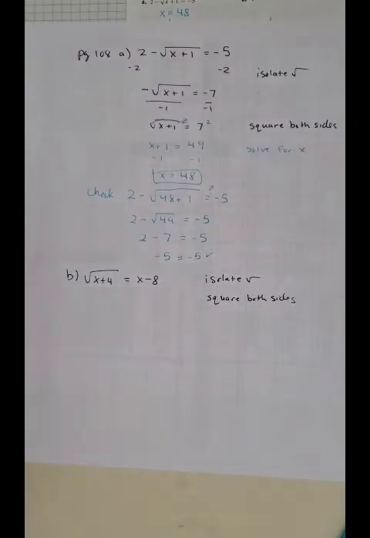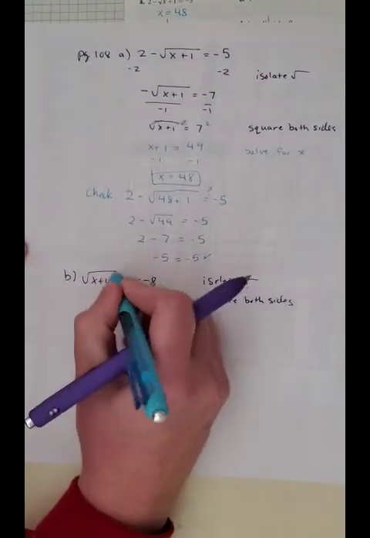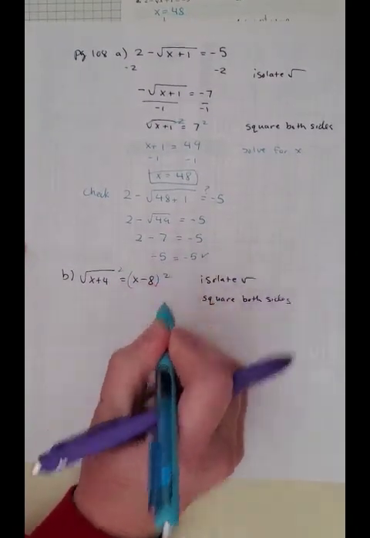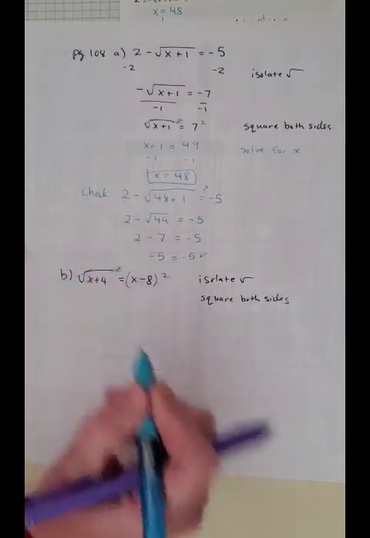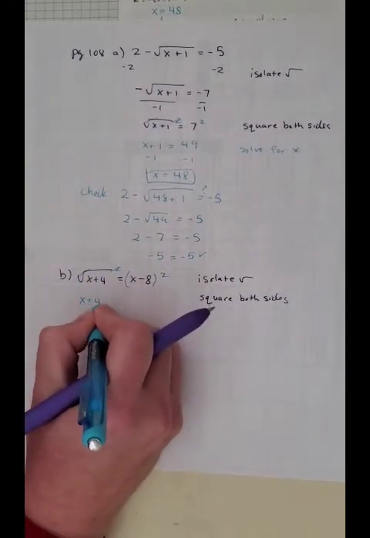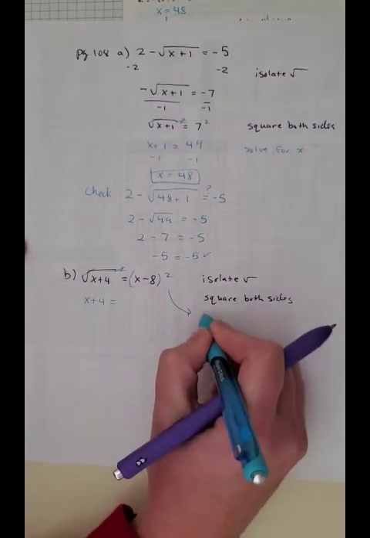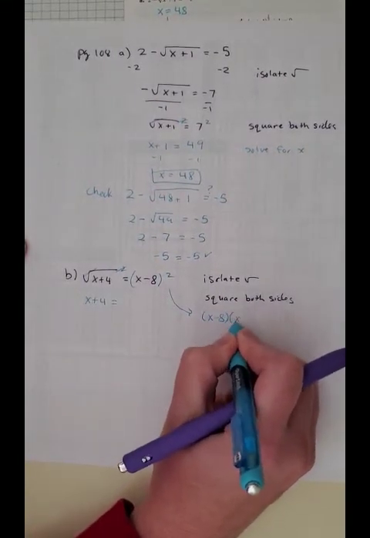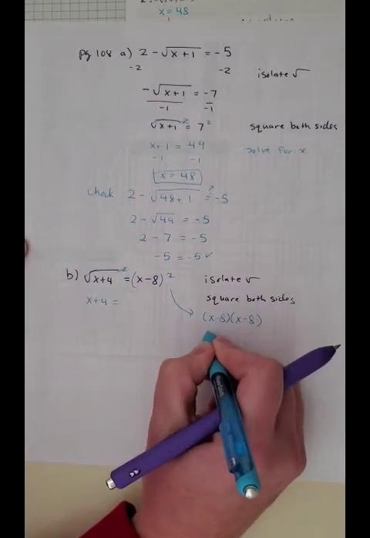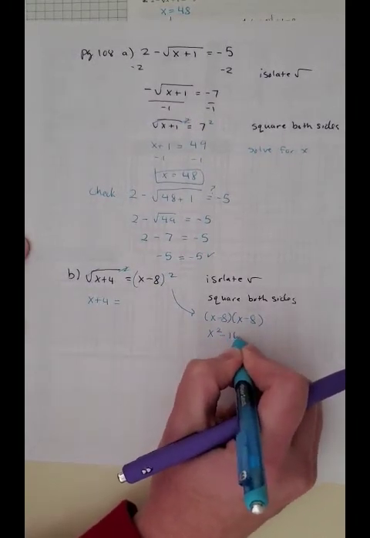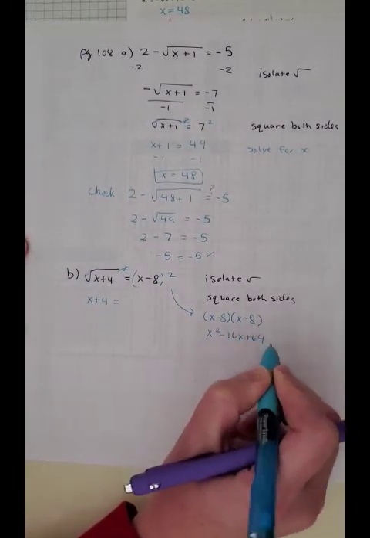And so when I square both sides, I'll do that in blue, my square and my square root are inverses, so I have x plus 4 is equal to, now you need to use caution. Again, I'm going to do this off to the side, x minus 8 times x minus 8. That's x squared minus 16x plus 64.